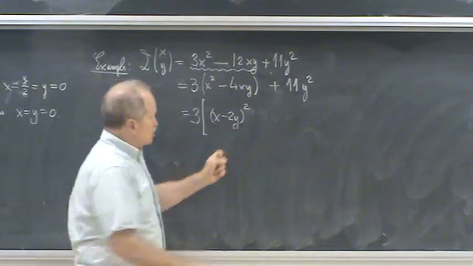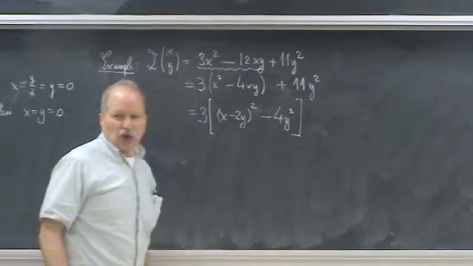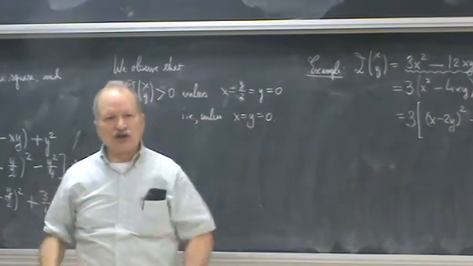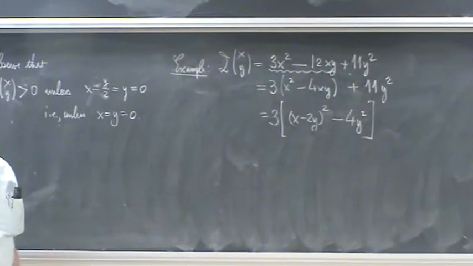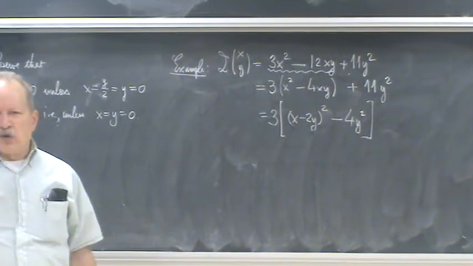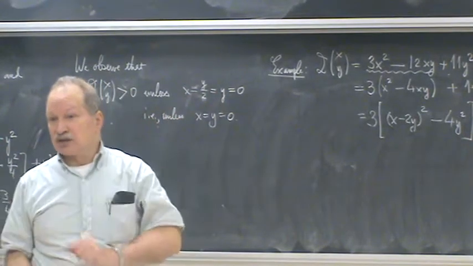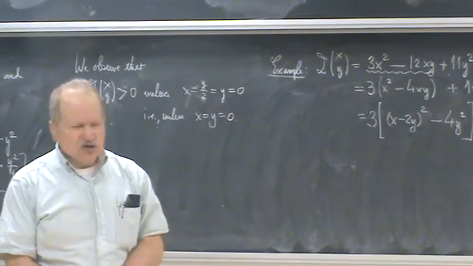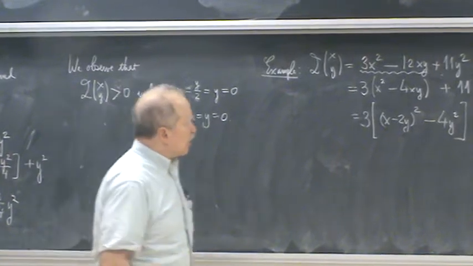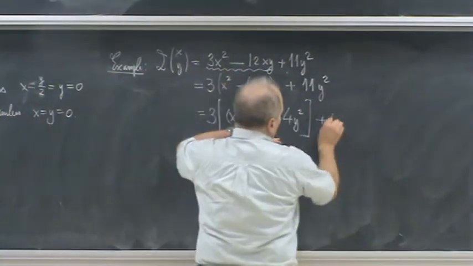So I better subtract off the 4y squared because I don't want to change my function. You may have remembered completing the square in high school where you added stuff to both sides of an equation, but here I'm working with a function, I don't have an equation. So I'm adding a clever 0 here. This is equal to this. And then I still have my 11y squared.